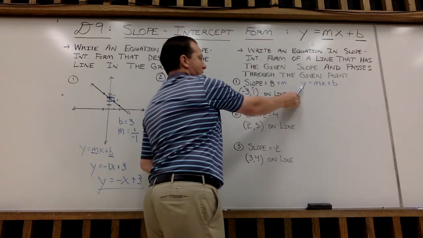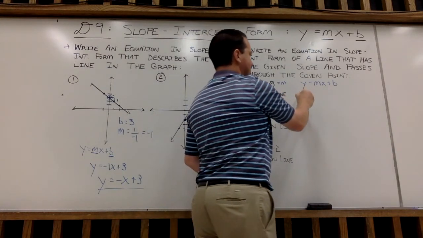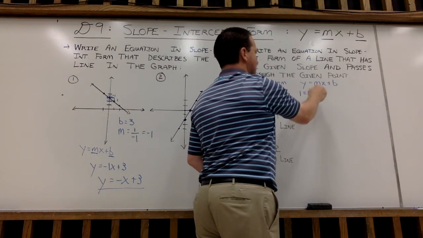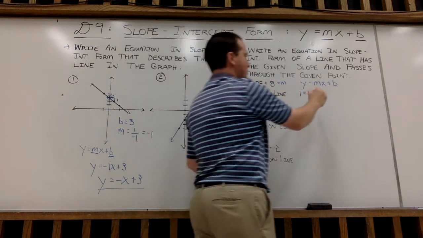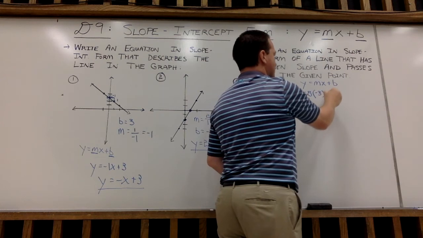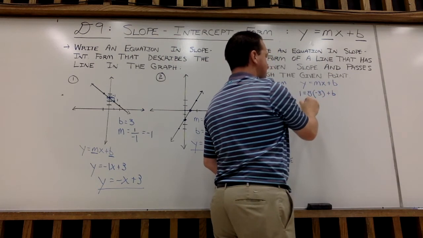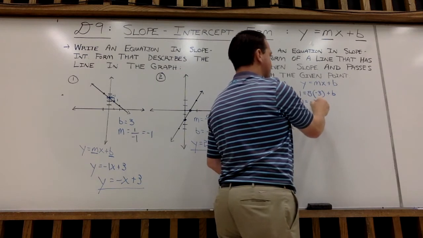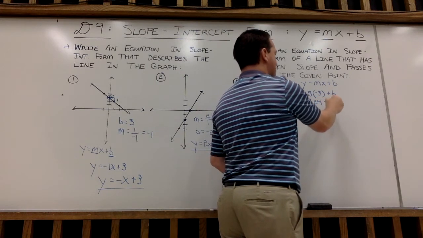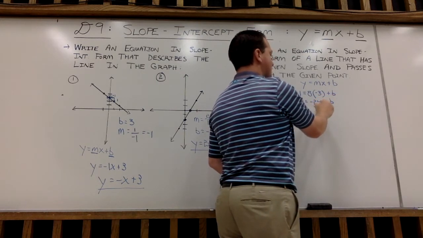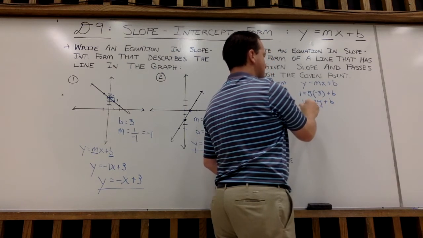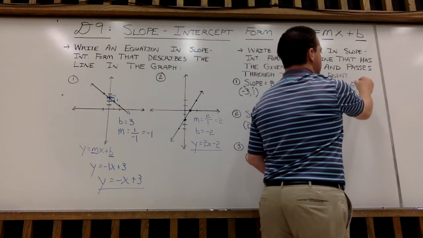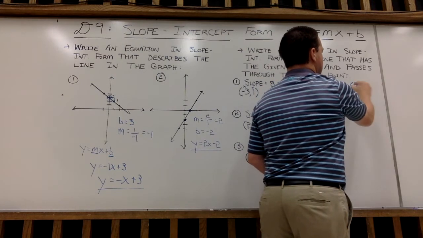So my y happens to be 1, will equal m, we're told is 8, times x is -3, plus b. So in this scenario, 8 times -3 is -24. I'll find b by adding 24 to both sides. 1 and 24, 25 is the y-intercept.